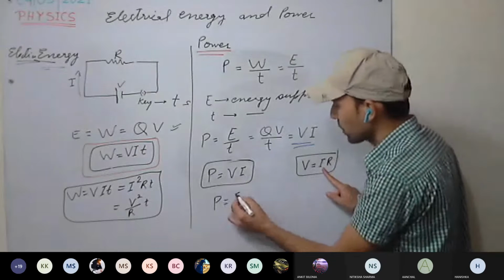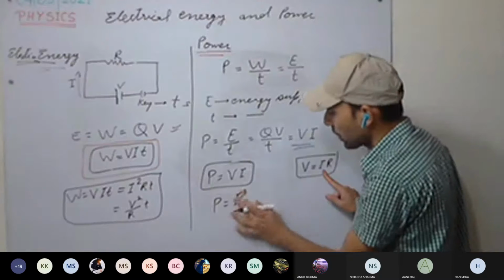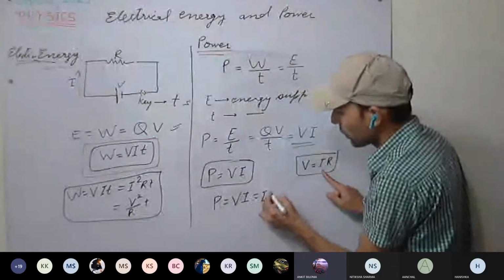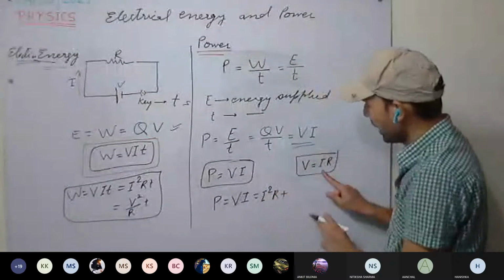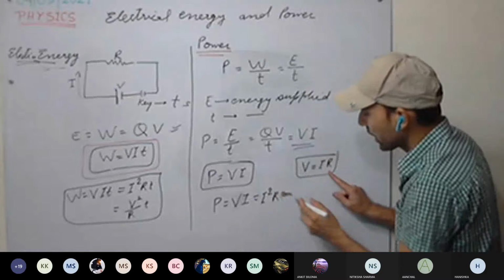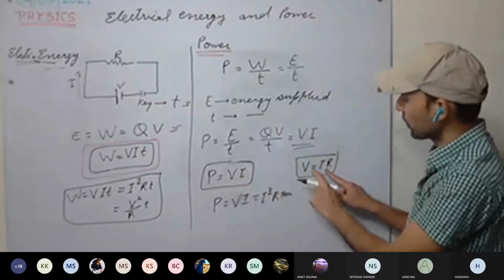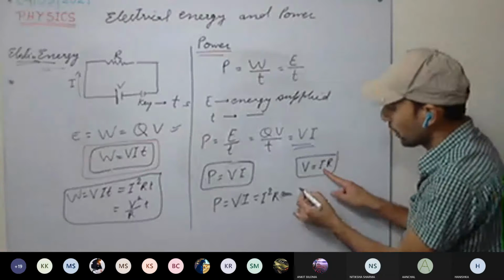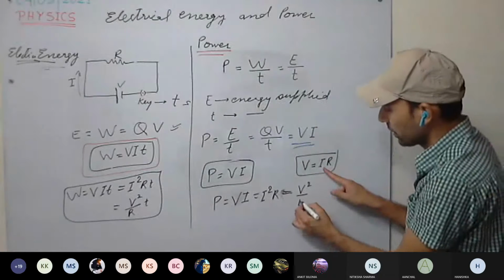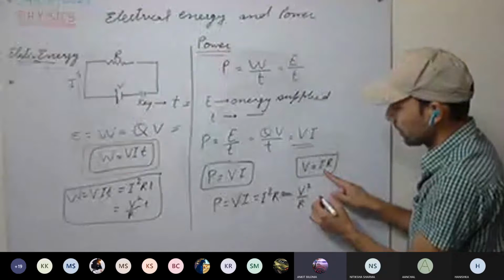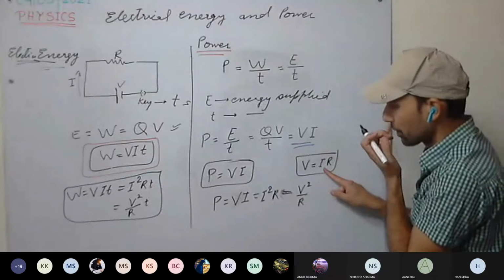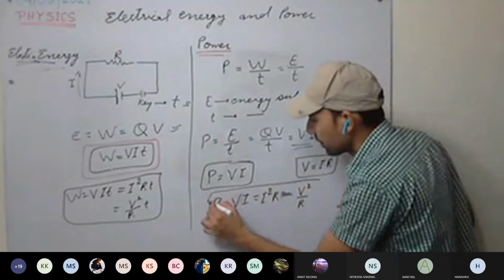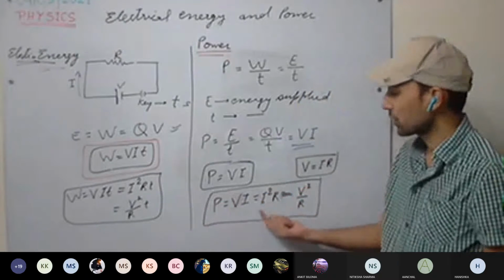So P equal to I square R. Now I put I equal to V by R. So V square upon R. These are the different expressions for power.